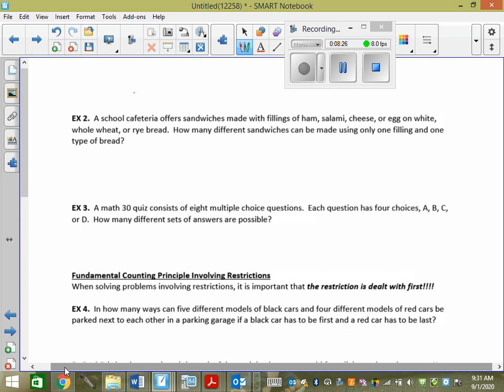Here, a school cafeteria offers sandwiches made with fillings of ham, salami, cheese, or egg. And those are on white, whole wheat, or rye bread.